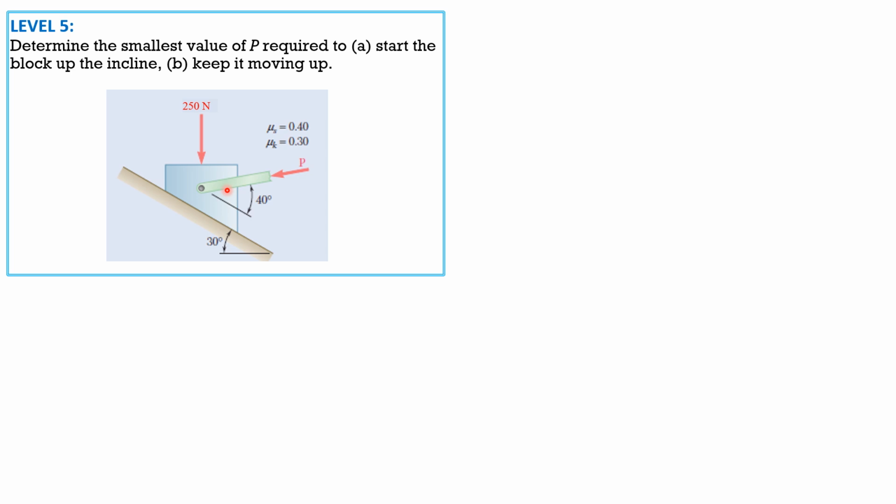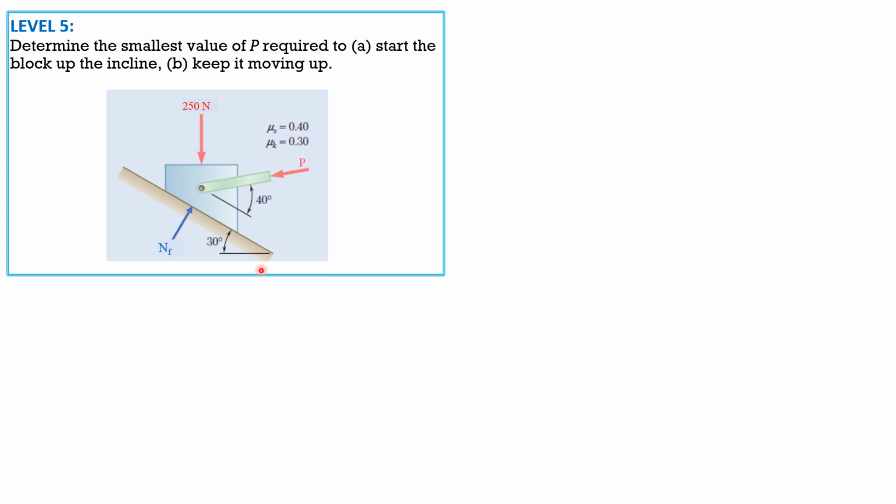So the maximum frictional resistance F should be mu sub s of the normal. And to keep it moving upward, the maximum frictional resistance, which is downward, is that of kinetic friction, 0.3 of the normal.